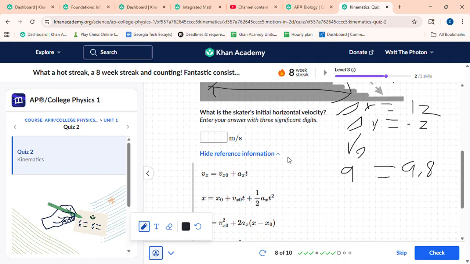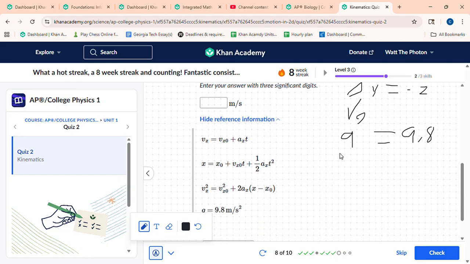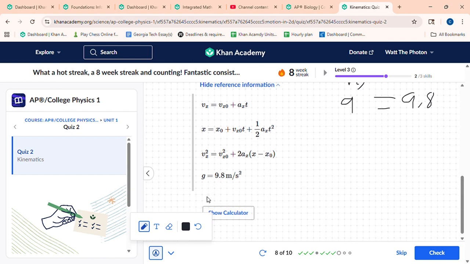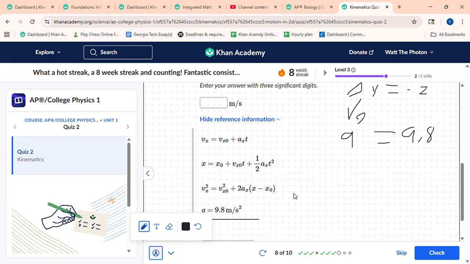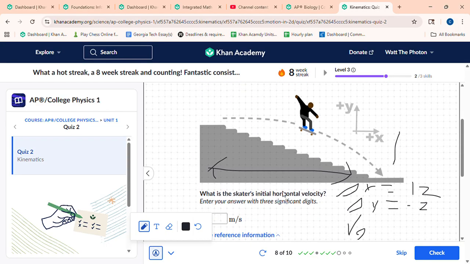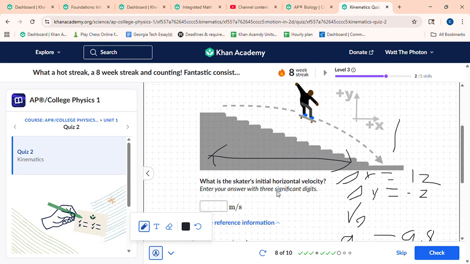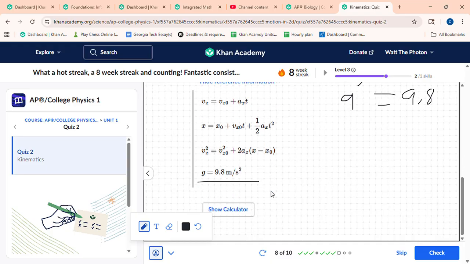Okay, so we have delta y. We need one more variable. We have acceleration, but we don't have the final velocity.